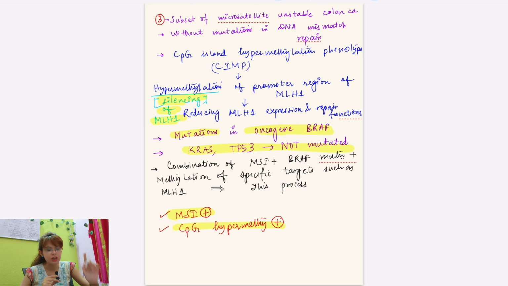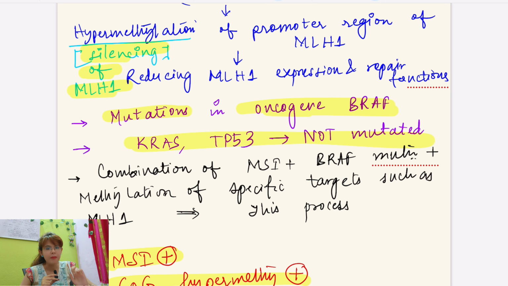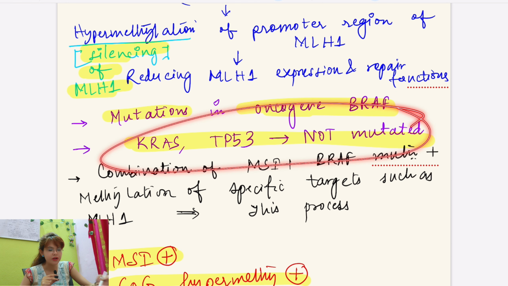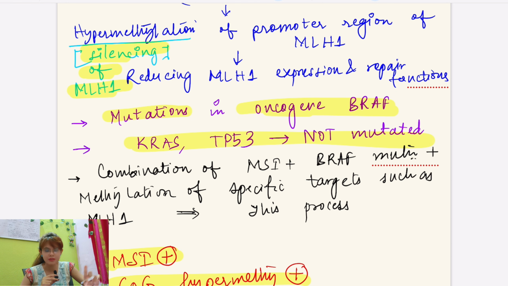A very important point. You also do have mutations in the BRAF gene, but very important here, KRAS and TP53 are not mutated. These two were mutated in the first pathway, the APC pathway. In this pathway, these two are not mutated. So this differentiates it from the earlier pathway.